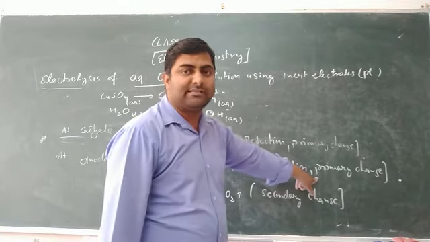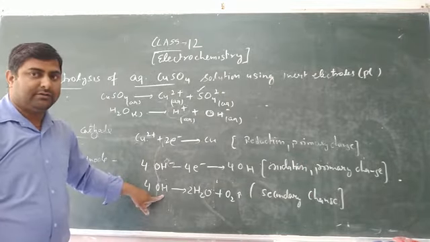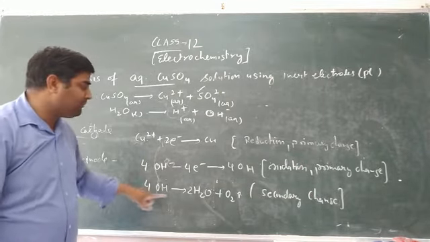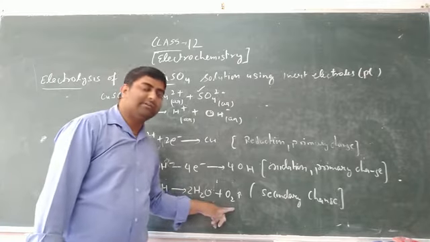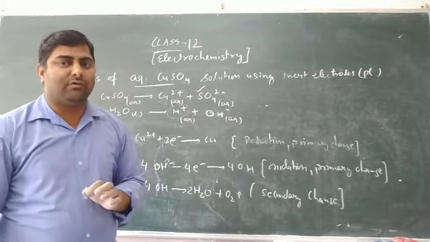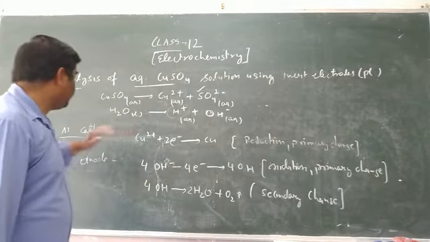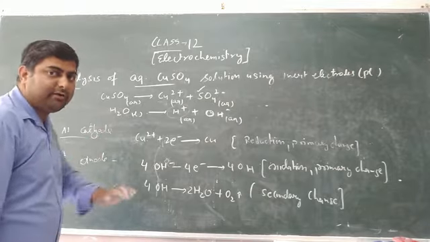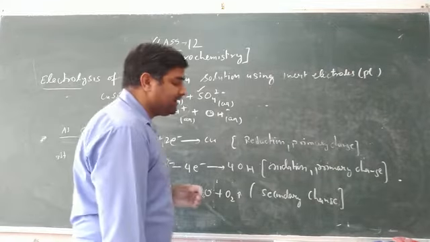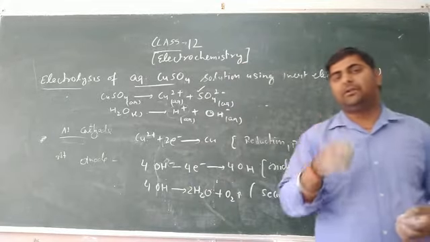The change is known as primary change. Then 4OH combine with each other, forming 2 molecules of water and releasing oxygen gas. It means during the electrolysis of aqueous copper sulfate, we will get copper at the cathode and we get oxygen gas at the anode.